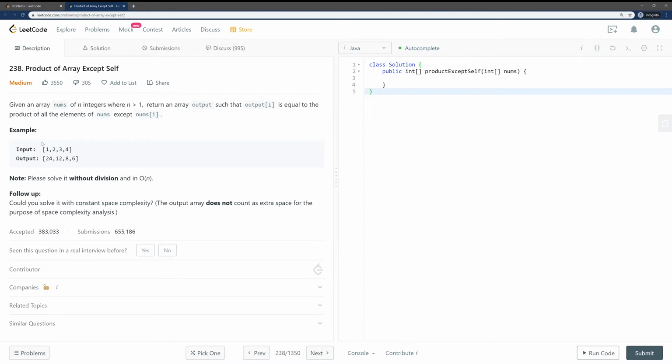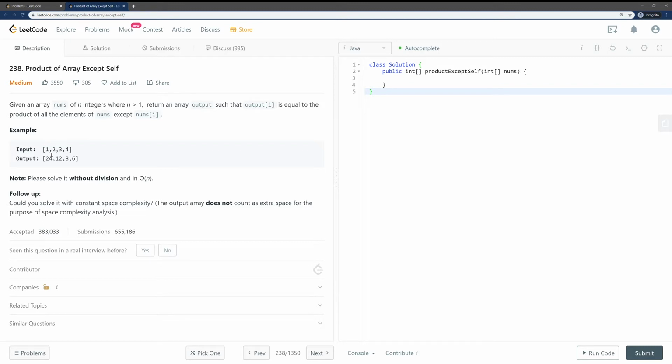So that means if the array is 1, 2, 3, 4, we want to return an array where the first index of the output array will be the product of all the numbers except this number.